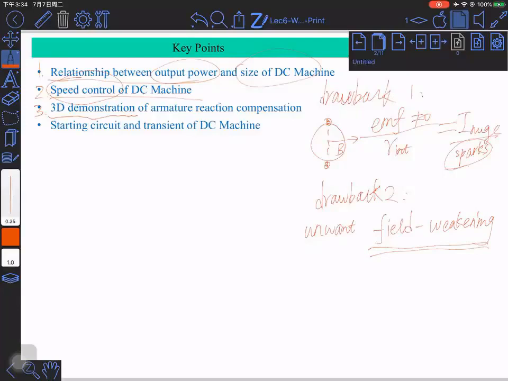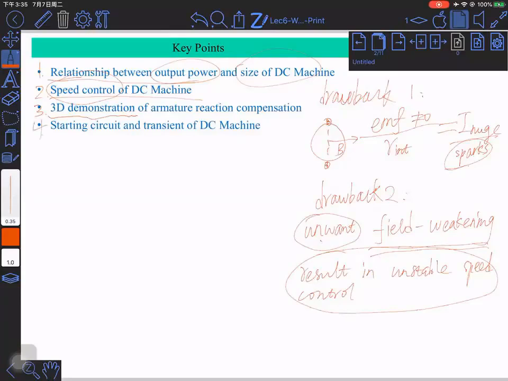But for the armature reaction-induced field weakening in the DC machine, we don't want it. Why? Because it can result in unstable speed control. Later we're going to explain further what the mechanism is and how the compensating winding also helps with this.